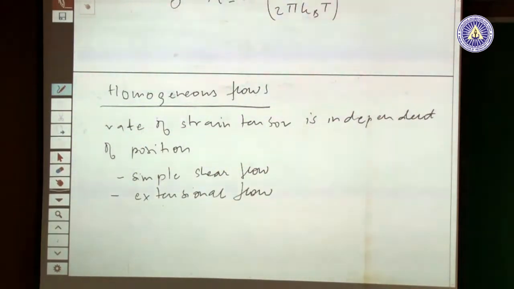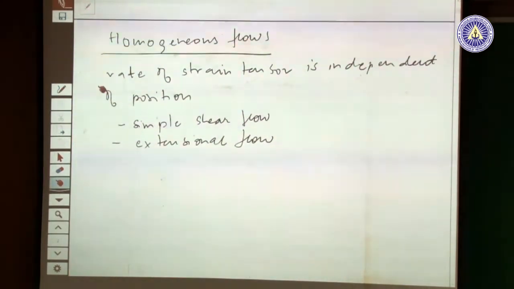You see, the point is that most complex flows encountered in industry and so on are some combination of shear and extension. And the belief is if you can understand behavior in shear flows and extension flows, you should be able to understand generally behavior in more complex flows that are combinations of these, right?